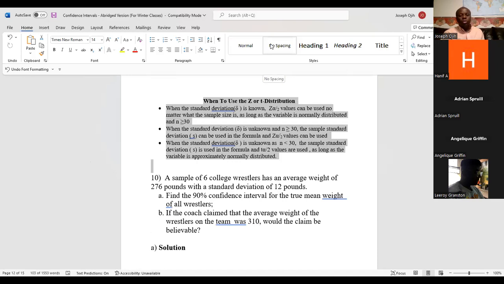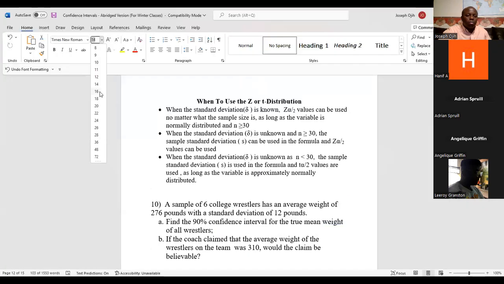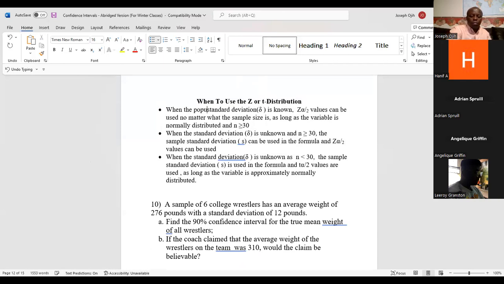When the population standard deviation is known, Z alpha over 2 values can be used. That means you can use the normal distribution table, no matter what the sample size is, as long as the variable is normally distributed.